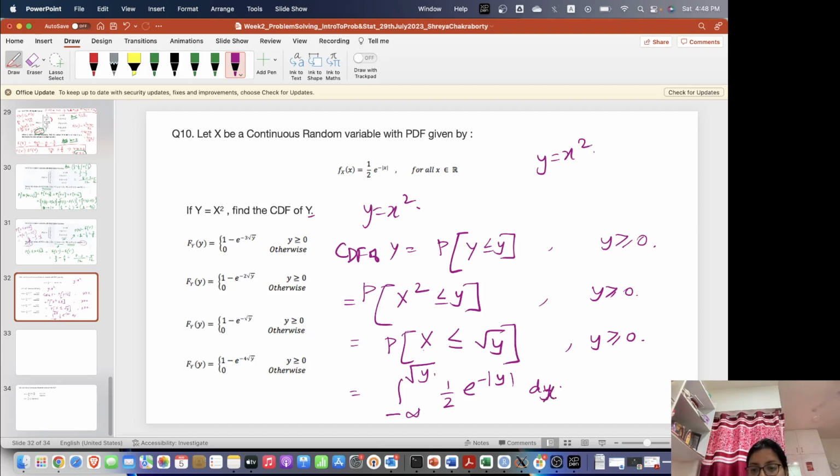Sorry, here we had dx when we were integrating with respect to y. So instead of dx, we are going to put it here. So dy will be 2x dx.